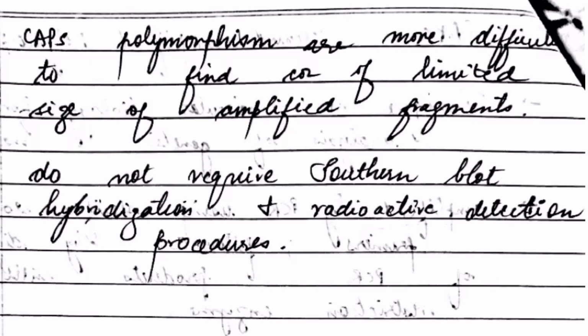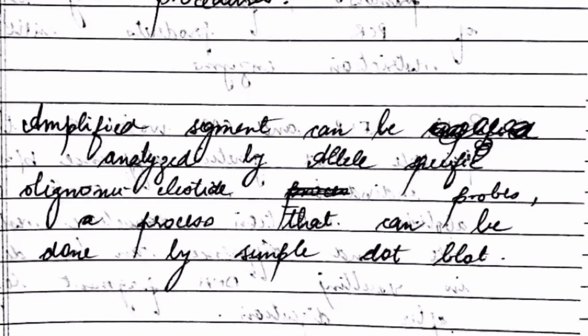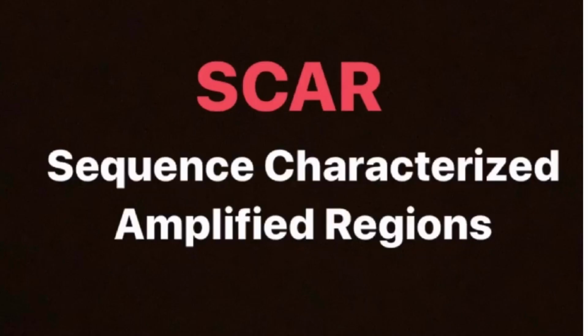It does not require southern blot hybridization and radioactive detection procedure. In this method, the amplified segments can be analyzed by allele-specific oligonucleotide probes, a process that can be done by simple dot blot. Next is sequence characterized amplified regions, that is SCAR.